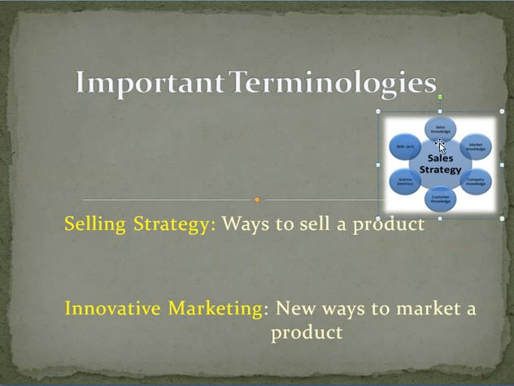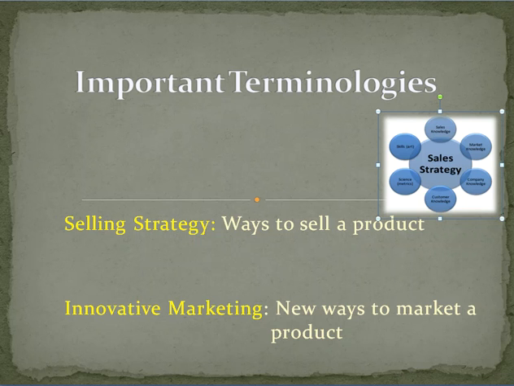You need to understand the sales knowledge. You need to understand who is your customer, who is going to be your customer, and then you have to find out the market knowledge. So these are the selling strategies.